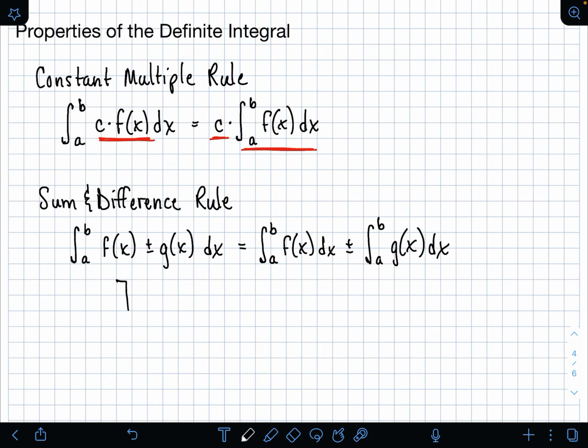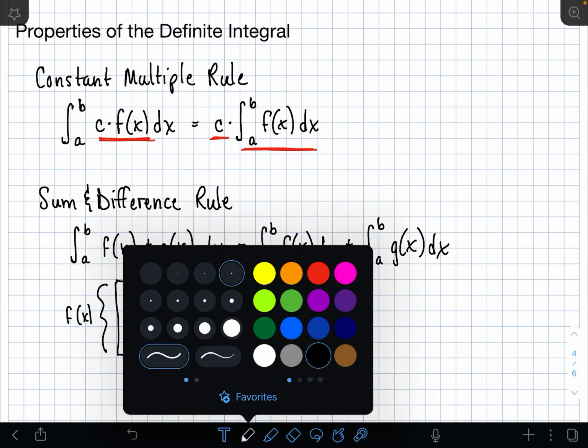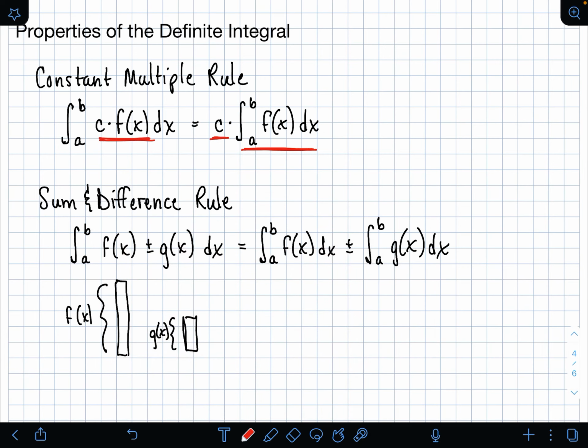Instead of a rectangle for f and separately a rectangle for g, what if we pick up the rectangles and stack them on top of each other? Or in this case, because of space, I'm going to slide it underneath.